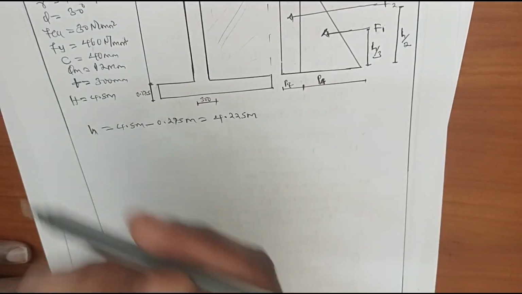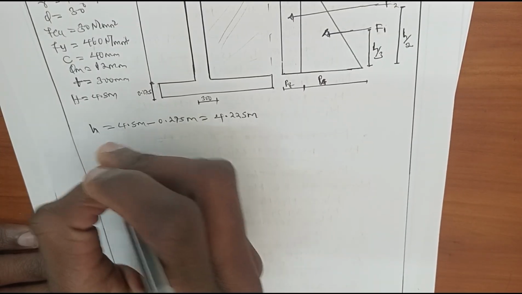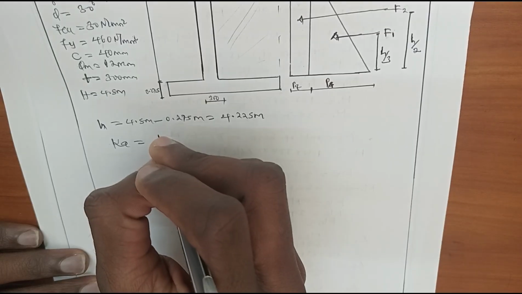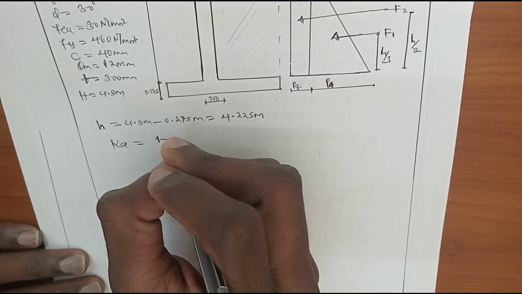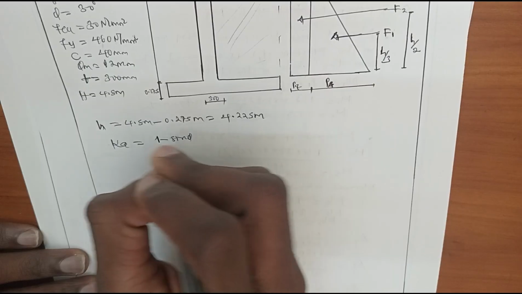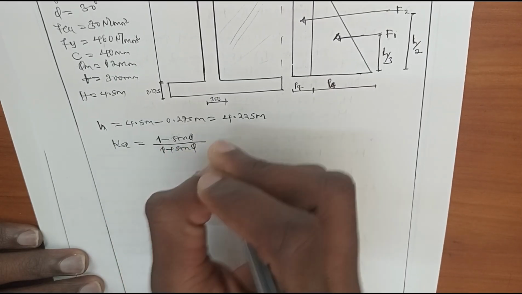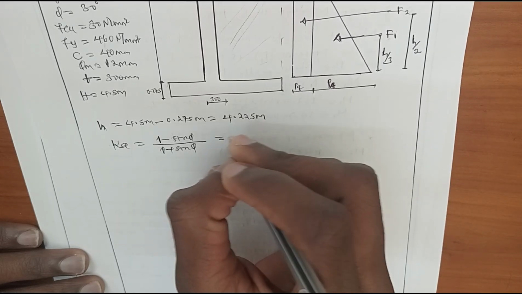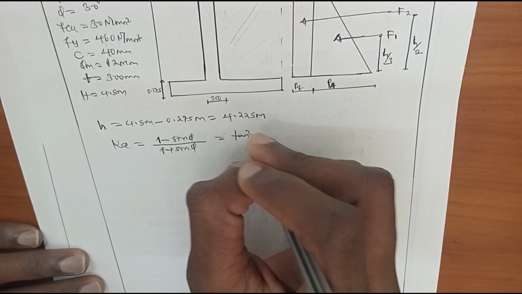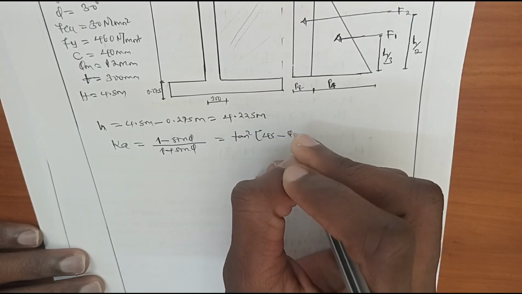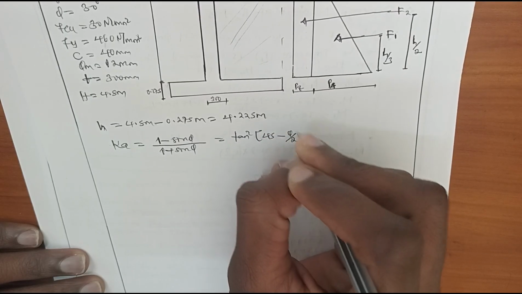Now, first of all, let's determine the coefficient of active pressure. The coefficient of active pressure is determined by taking 1 minus sine of the internal angle of friction divided by 1 plus sine of the internal angle of friction. When we simplify this, it will be equal to tan squared of 45 minus the angle of internal friction divided by 2.